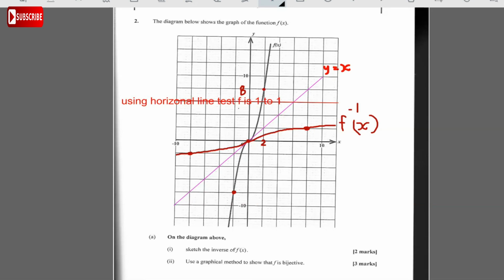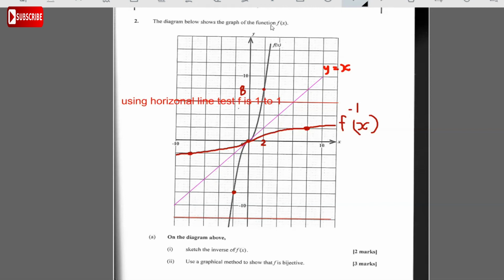Now we need to show that it is surjective. Using the same horizontal line test, as you can see, even down here, for all y there is a corresponding x, and for all x there's a corresponding y.